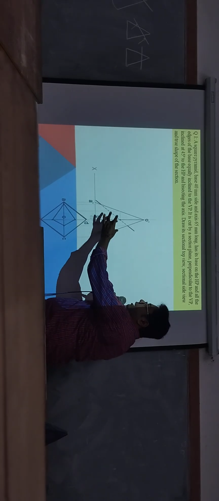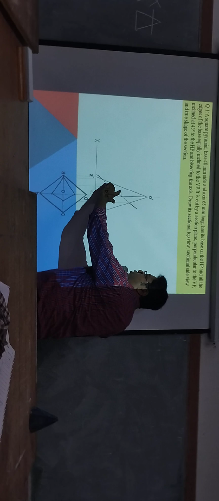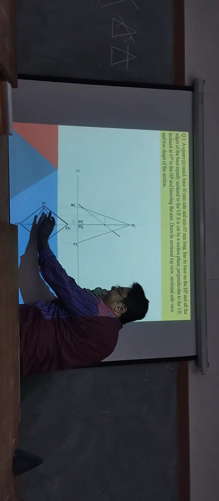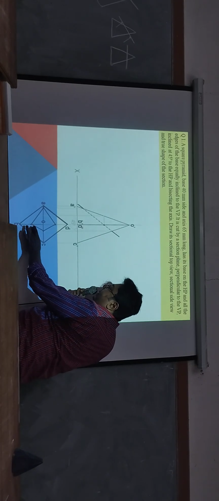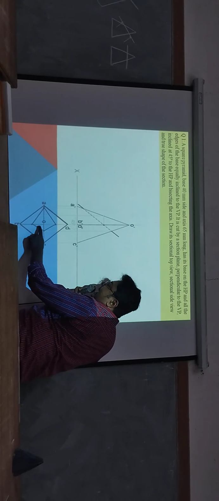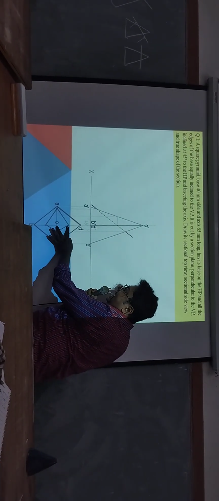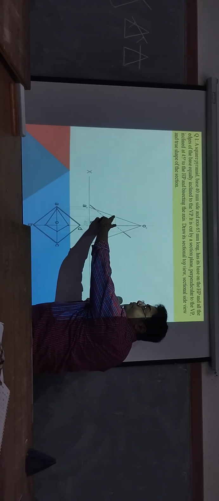Take this distance, draw a horizontal line from the midpoint. Take this distance from O point, mark on B, and below mark on D, because it is the OB line, this is the OD line. You have to mark out OB and OD. So this distance is equal to this distance.